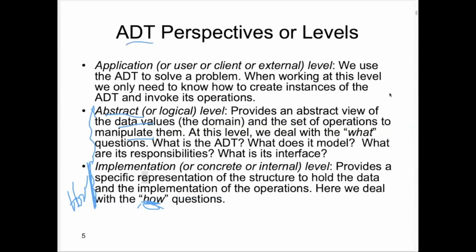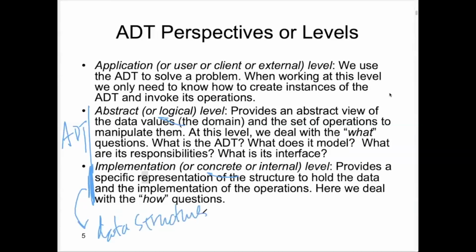I don't want you to think too much about this, and there's no need to memorize these application abstractions. Just get the idea of the logical levels and the implementation or concrete level. This being the ADT, and this being the data structure, which is the implementation details. Okay, so that said, let me clear this and let's move on to the next one.